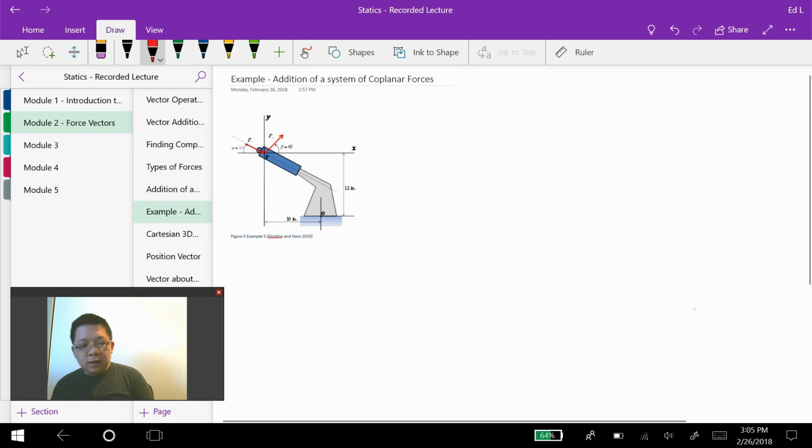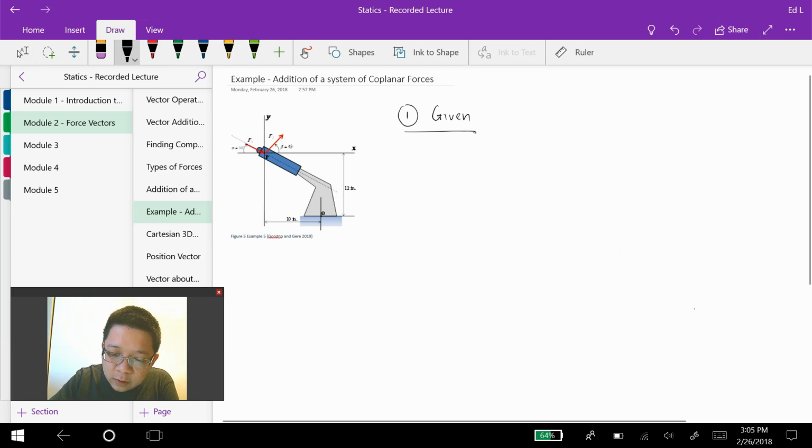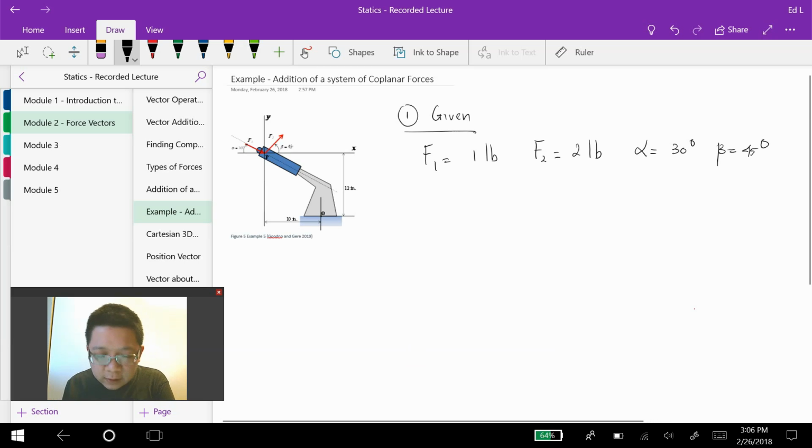Okay, so here it's always a good idea to list out the given information when we try to solve problems. So in this problem, if we try to recall, we know that F1 is equal to 1 pound, F2 is equal to 2 pound, and alpha is equal to 30 degree, beta is equal to 45 degree.